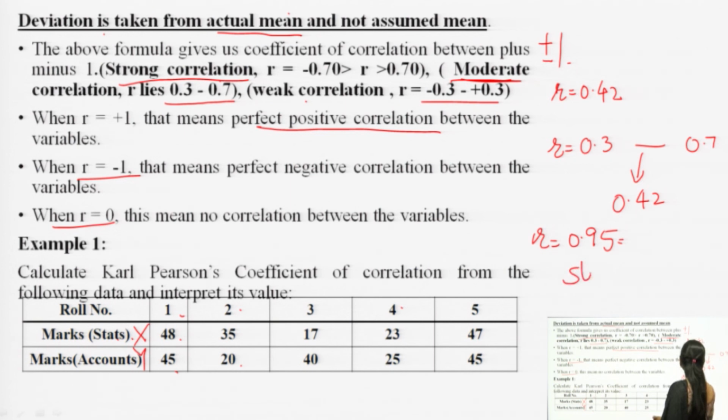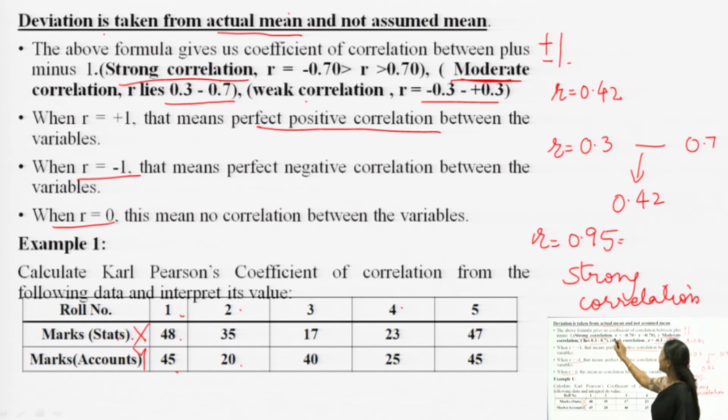I have a strong correlation, because my r lies between minus 1 and plus 1 and it is greater than 0.70. It says a strong correlation exists when the correlation between the two variables is greater than 0.70, and my answer says r is equal to 0.95.